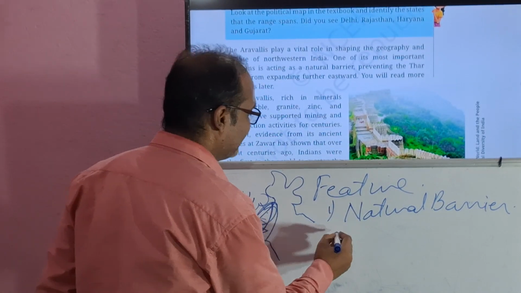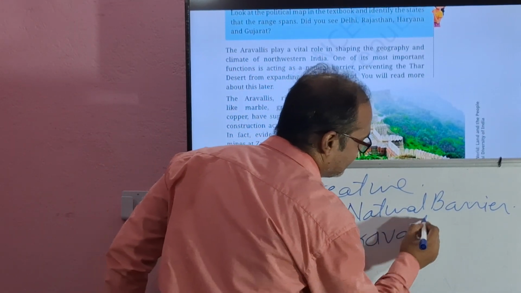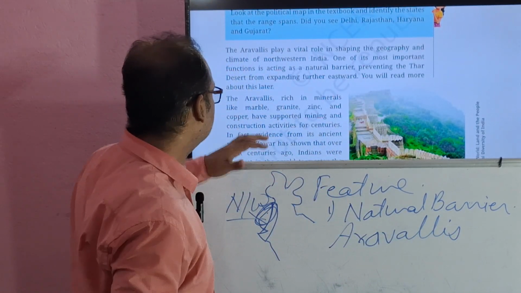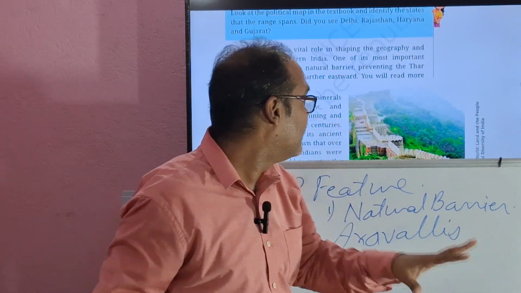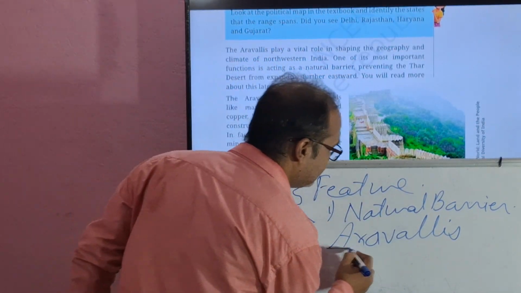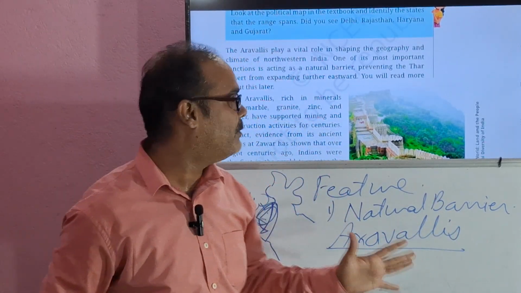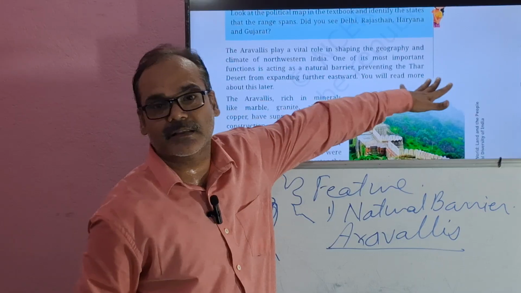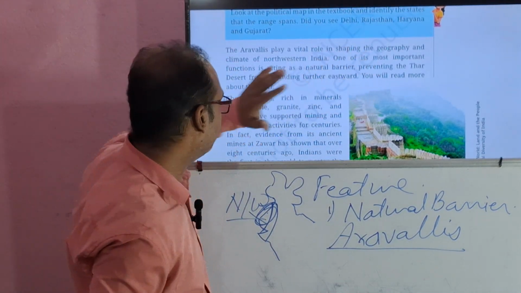So thanks to the Aravallis. Otherwise, this Thar Desert would have expanded. Because of its position, it acts as a natural barrier and prevents the Thar Desert from expanding further eastward.